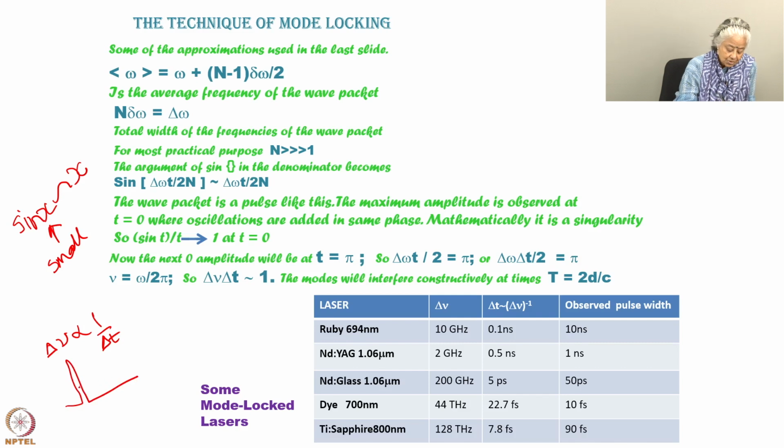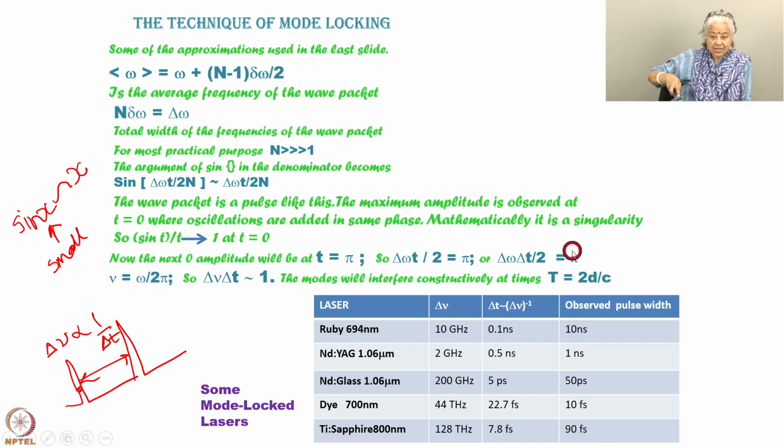So, this is the pulse width here. And I am not talking about the separation between two pulses, that is separate, that is 2d by c. The round trip time, 2d by c, is distance upon meters per second, so it becomes a unit of seconds.